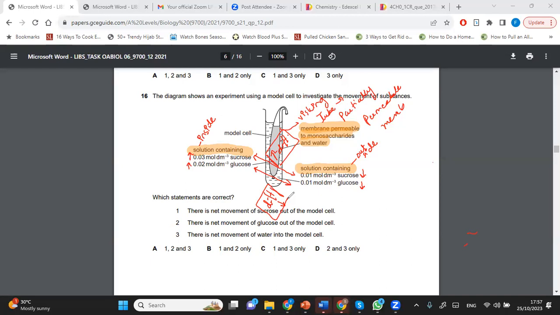Whoever can figure out why sucrose is not moving out of the cell, it's a huge thumbs up from me. The answer is written in front of you, just so you know.